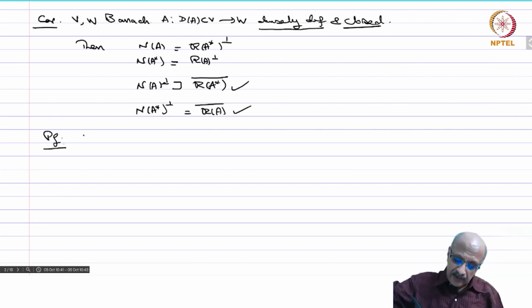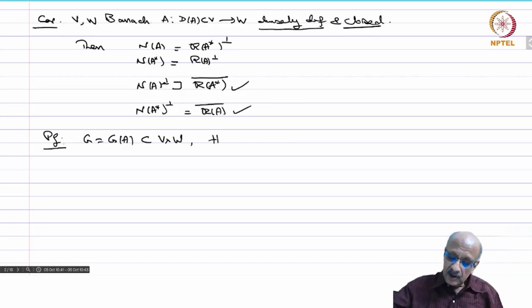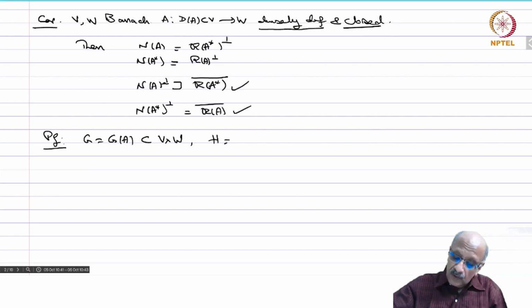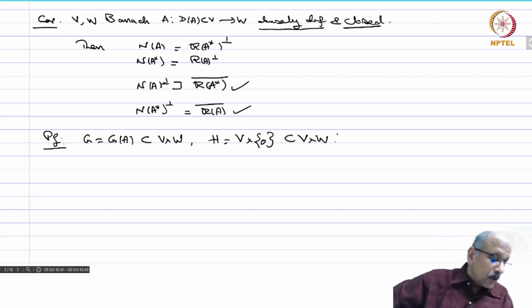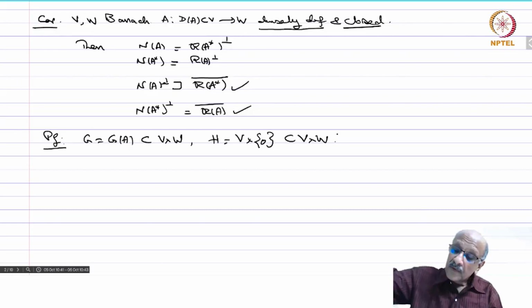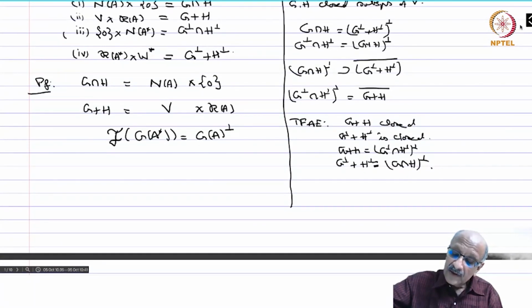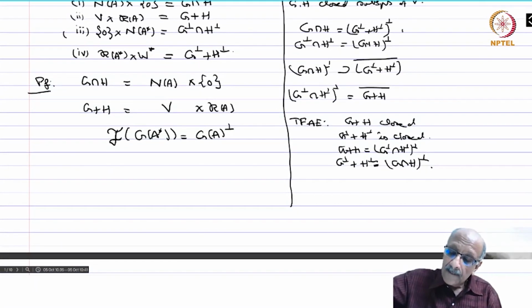So as usual, let us take G equals G of A contained in V cross W, and H equals V cross 0 as before, contained in V cross W. Then we already saw that G intersection H is G perp plus H perp, perp.